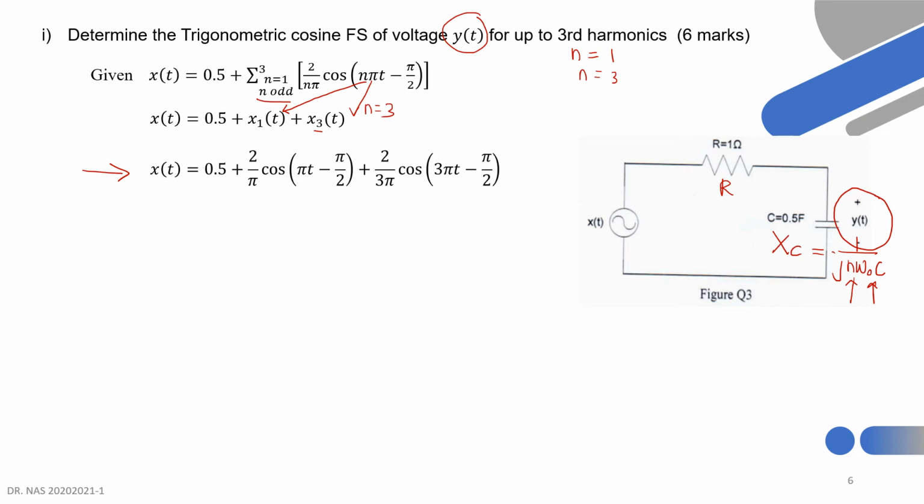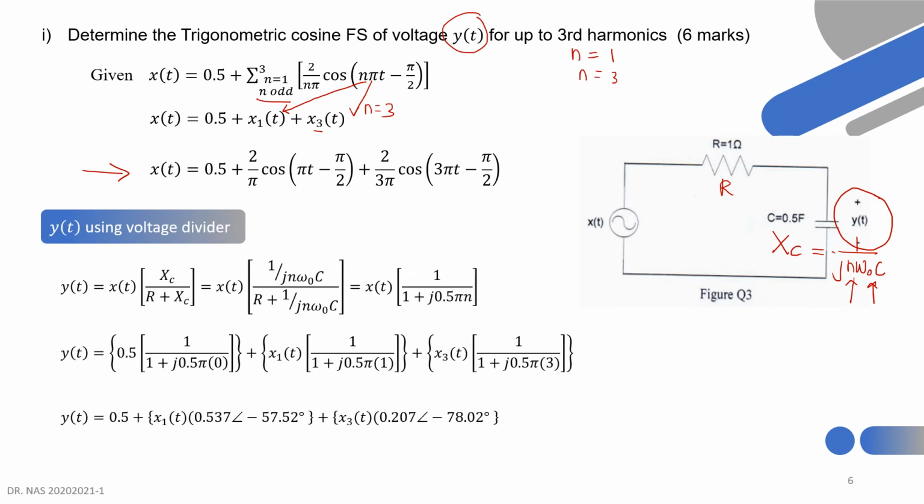Okay, so in order to get y(t), you need to use the voltage divider. So y(t) equals x(t) multiplied with XC divided by R plus XC. So the source multiplied with XC divided by R plus XC. Don't forget XC equals 1 over j n omega naught C. So what is your omega naught?